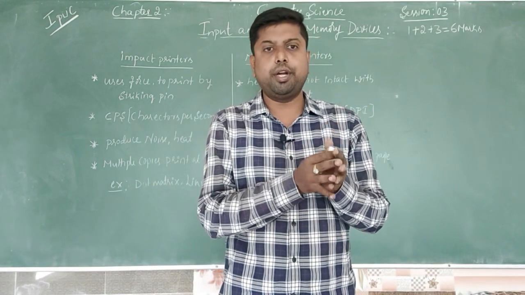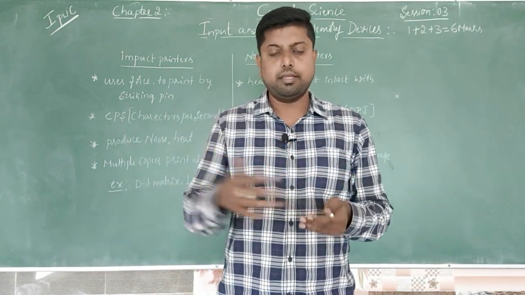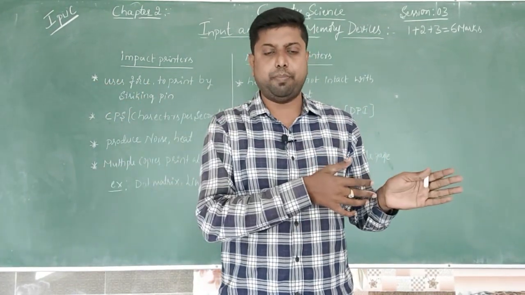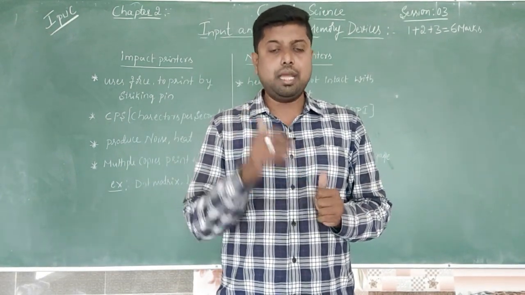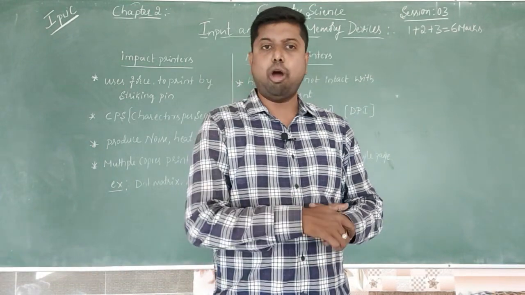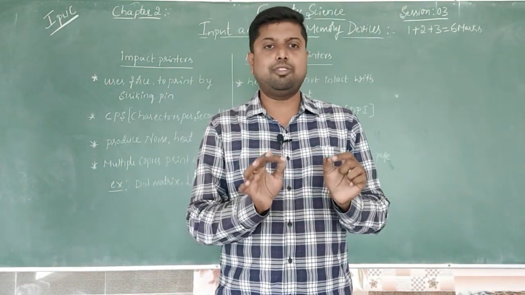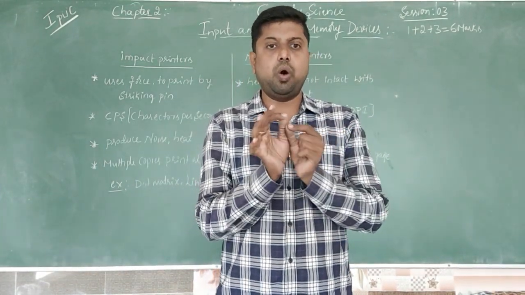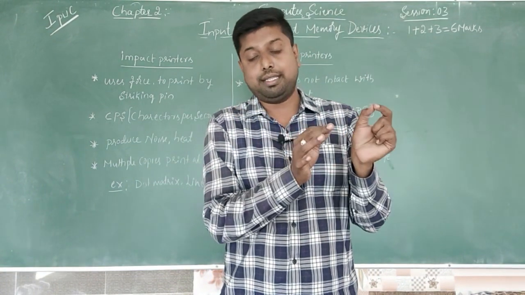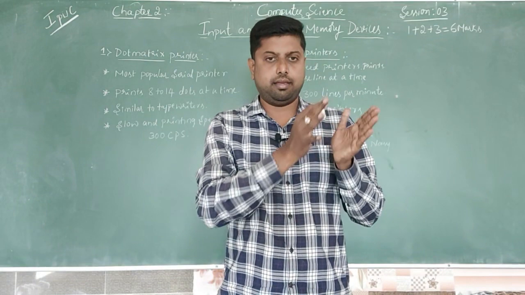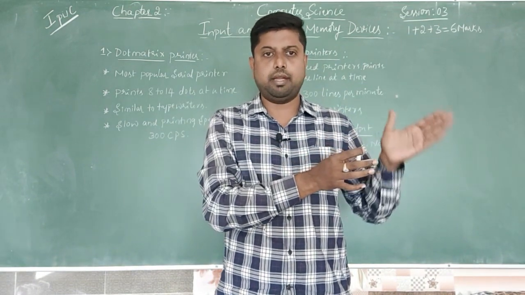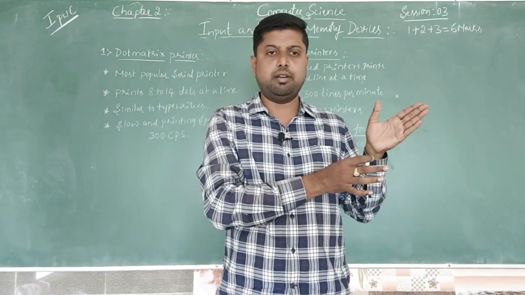Now we are going to look individually at some impact and non-impact printers and their characteristics, dear students. First, in impact printers, the dot matrix printer. We'll discuss how the dot matrix printer works and what its characteristics and specifications are.